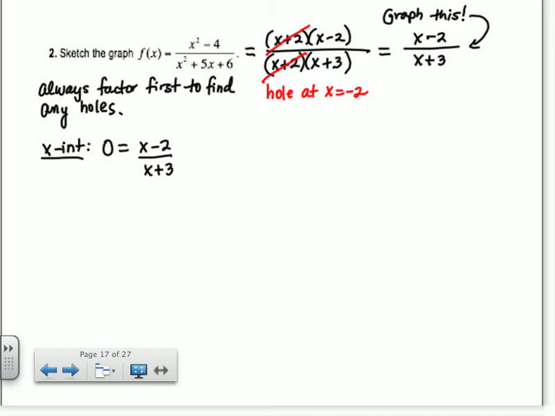So the denominator doesn't actually even matter. So this x plus 3 doesn't even matter. And I told you guys, a lot of my students like to think of just multiplying it over and getting rid of it. You can do that if you want. Okay, so I have 0 equals x minus 2, which gives x equals 2. That's my x-intercept.